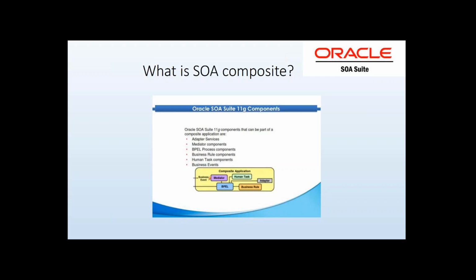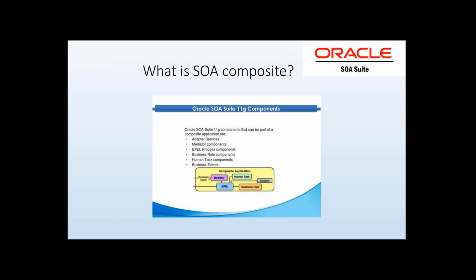But in SOA Suite terminology, we have BPEL code which is developed by the development team, which the SOA admin is not involved in at all. Whatever code is developed by the development team will be packaged in the form of a composite, which is also an application, and that composite will be deployed on top of SOA Suite.